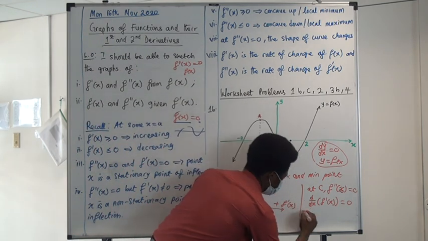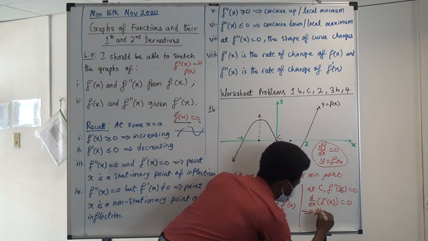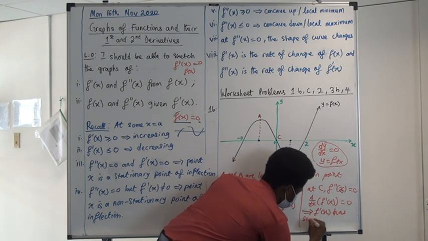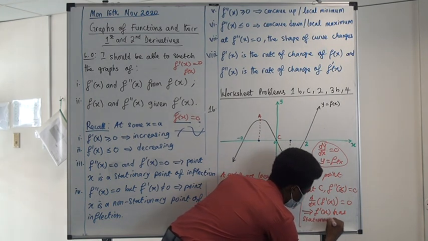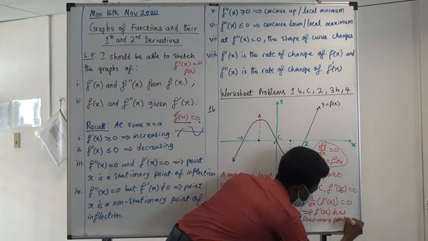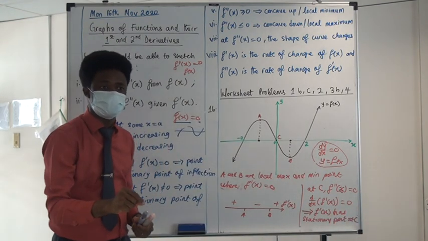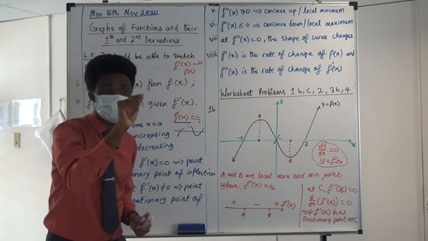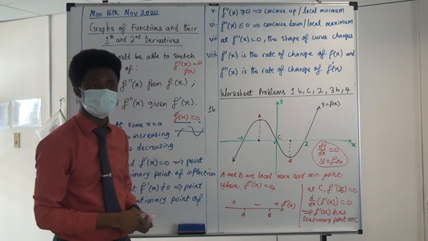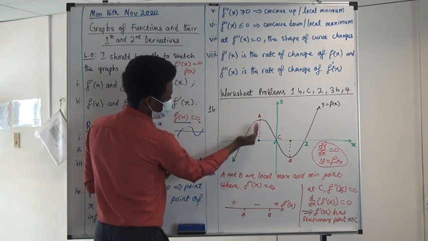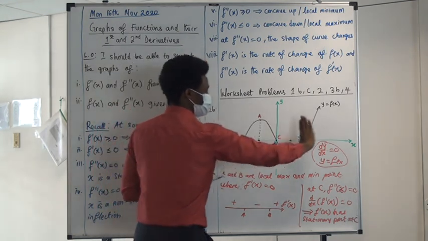So this means that this has stationary points at C. The curve we are interested in turns at C, at x equals 0. So we already know that the cross is here. We know that at this point it's going to be above. At this point it's going to be above.